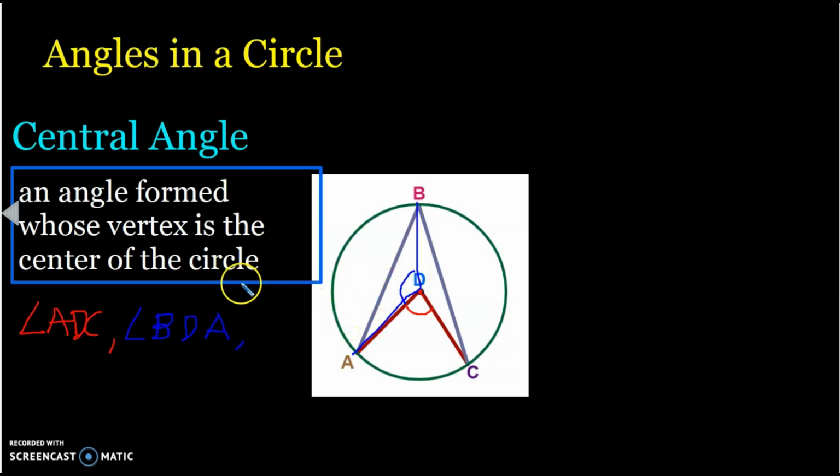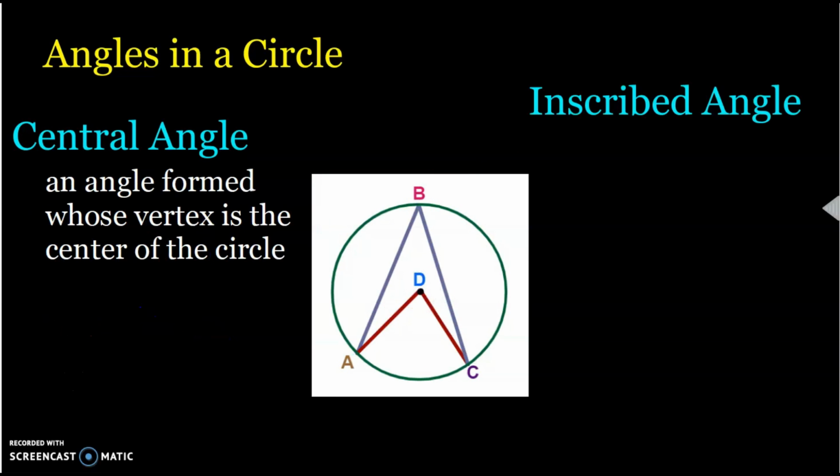The next angle that we can identify from the given figure is the angle formed by connecting B, D, and C. So I'm going to use another color, suppose black. So B, D, and C. And there you have another angle, angle BDC. So these three are what we call central angles from the given figure.